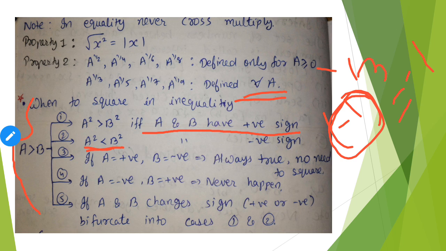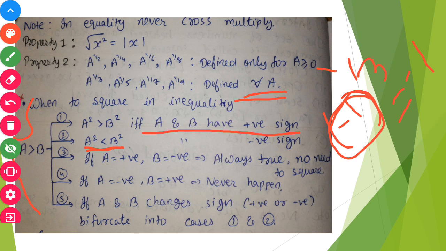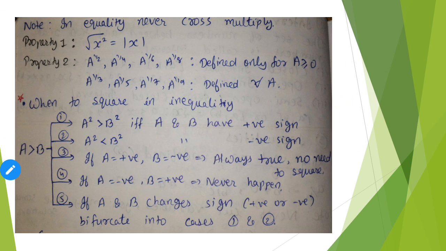We can also see this by an example. Let's take one example of case 2. Let us take a is equal to -2, b is equal to -3. So -2 is greater than -3, we know that.